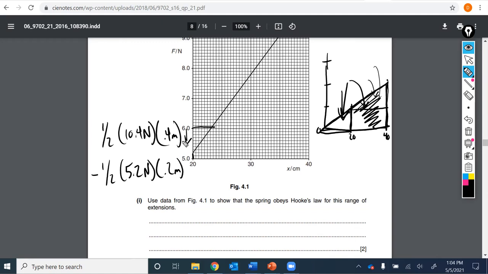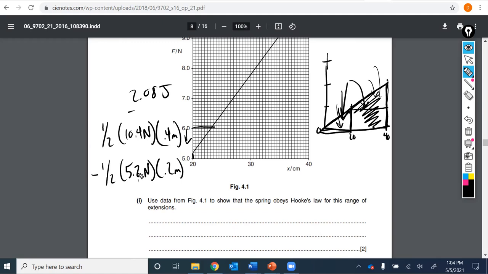0.5 times 10.4 times 0.4 would give us 2.08 joules. So that's all the energy stored in it. That is the elastic potential energy stored in the spring. But the work done extending it from 20 to 40 is just the energy that we added into it from here. So we have to subtract away this area, which is 1/2 base times height.